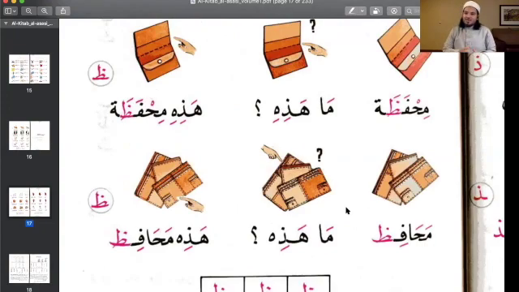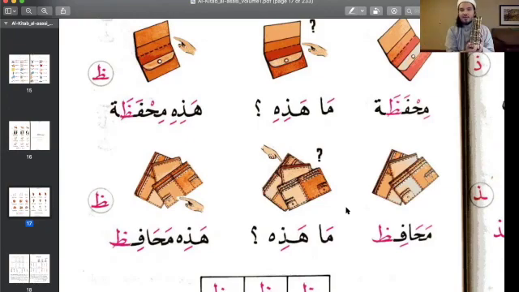So that's a great question. If we say هؤلاء محافظ, that would be referring to something that is عاقل, something that has intellect, right? If referring to a group of something غير عاقل, that doesn't have intellect, we refer to it in singular feminine. So you would say هذا كتاب. هذه كتب.